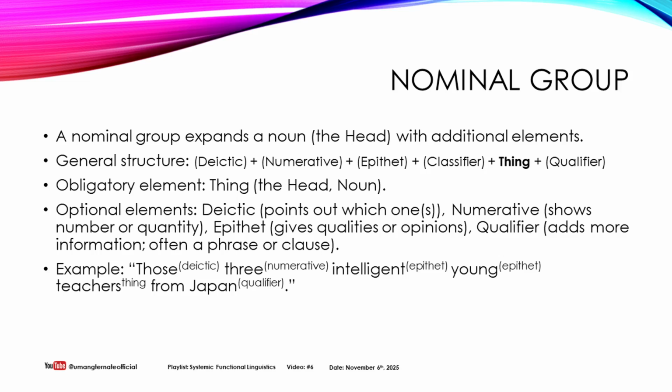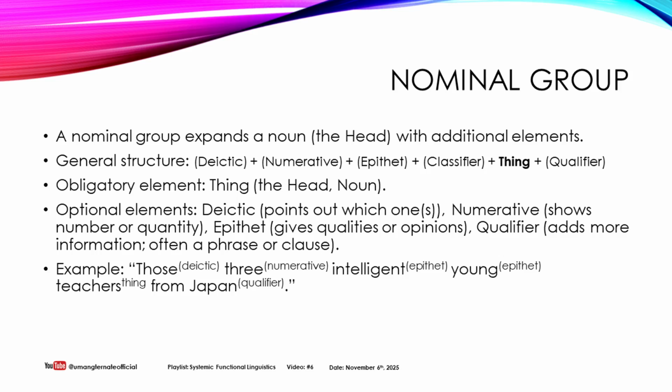Now, let's take a look at the example here, but I will add a classifier to the example, okay? So we have a nominal group, those three intelligent young language teachers from Japan. As you can see, the words intelligent and young function as epithets because they reflect our subjective opinions of those teachers. However, the word language is not an opinion, but is a classification of the teachers.